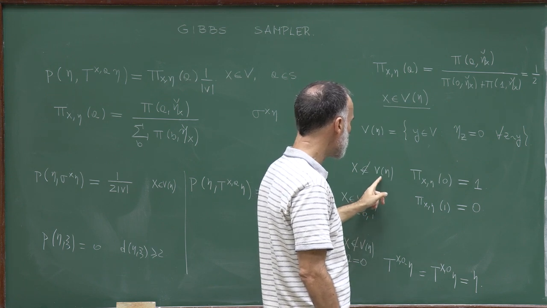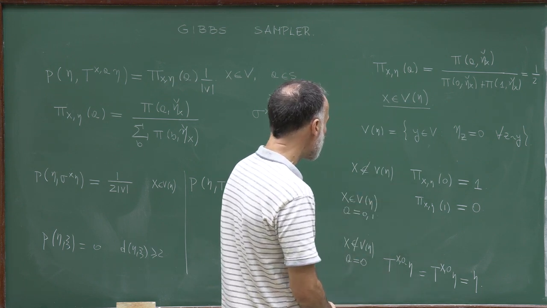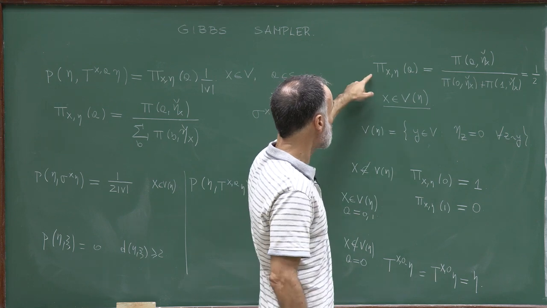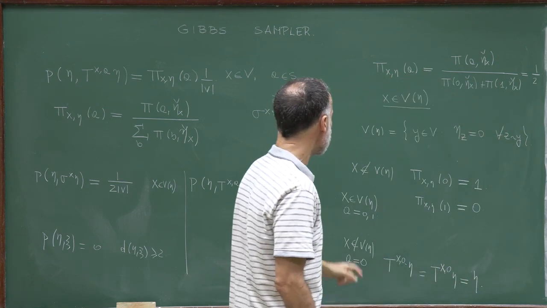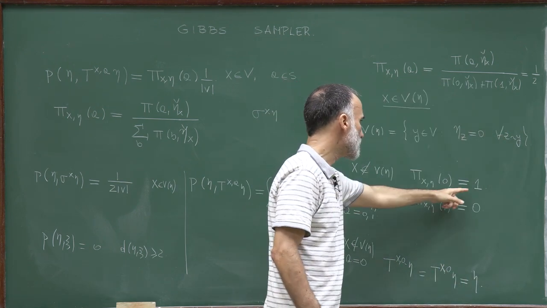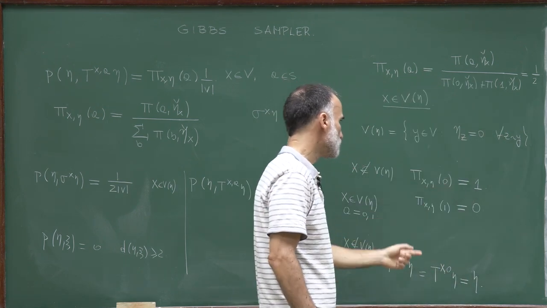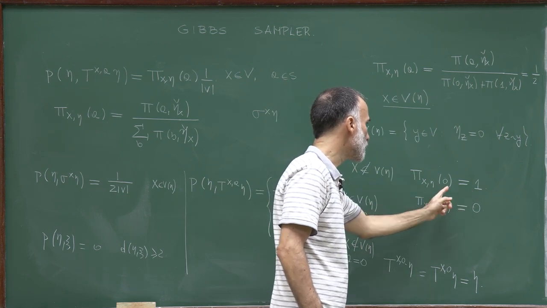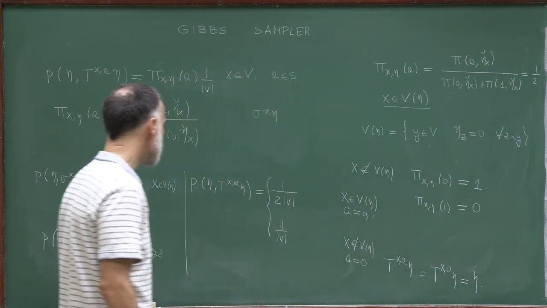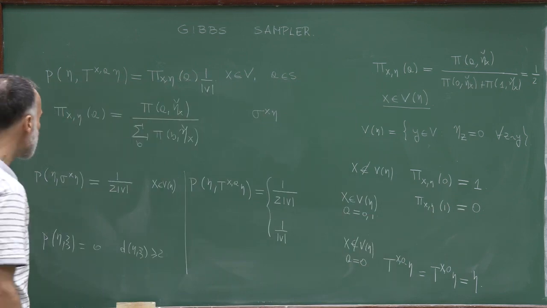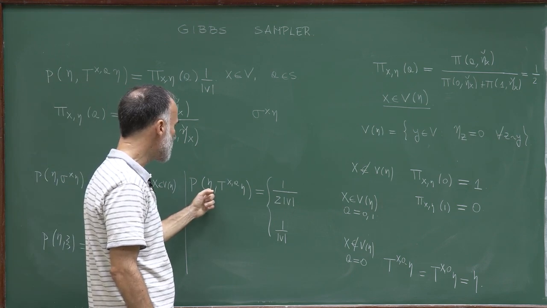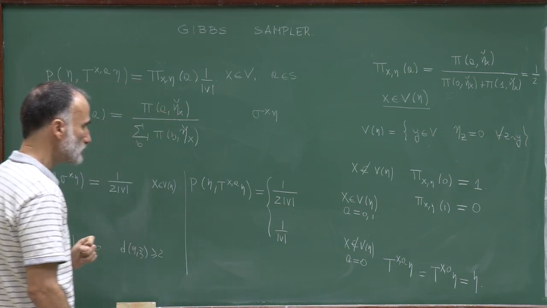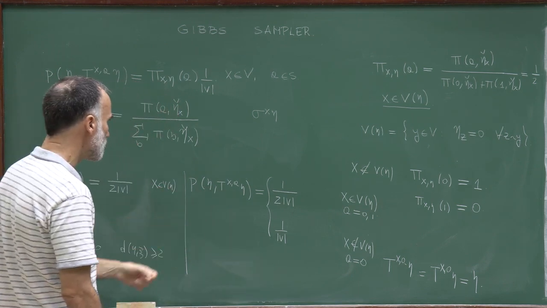For x in V, what we get is that these probabilities are equal to 1/2, while if x is not in V, these probabilities are 1, but it puts weight 1 at the value 0. So that gives me a further contribution to the probability that you jump from eta to eta, because you're not allowed to put a particle.